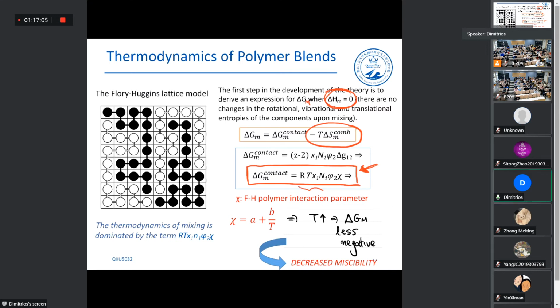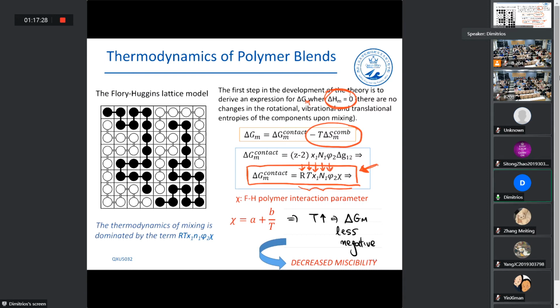Delta G M contact is given by these parameters, which we all know. This is a constant, this is the temperature, this is X1, the number of segments. N1 is the number of molecules for polymer 1.